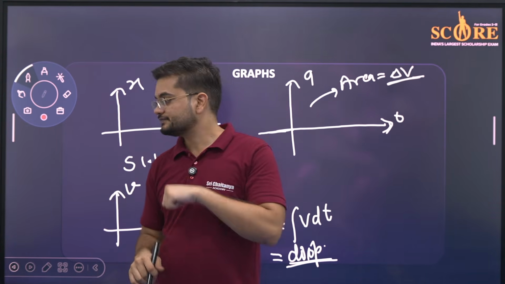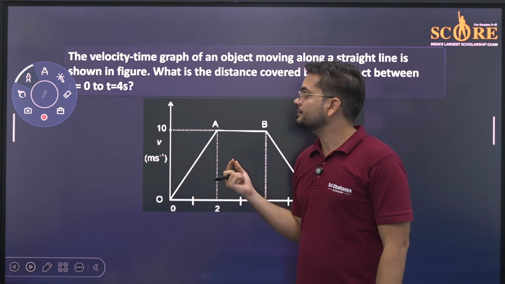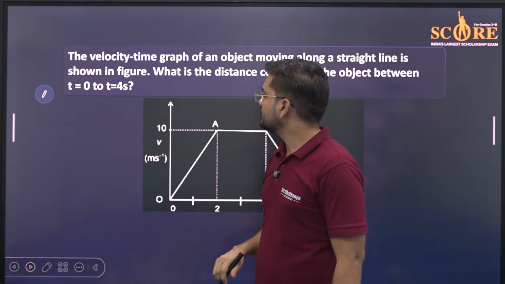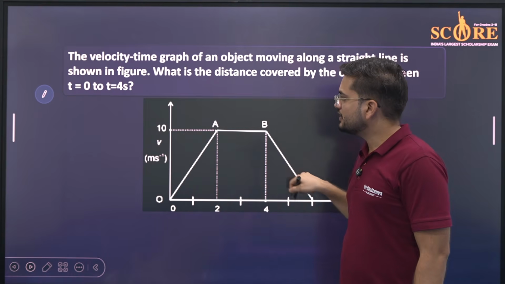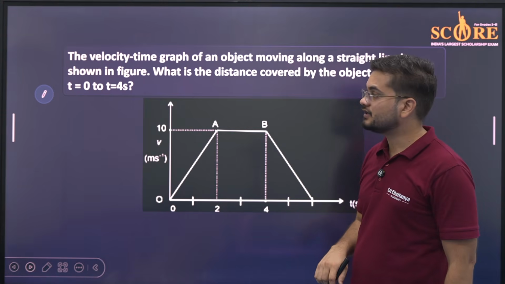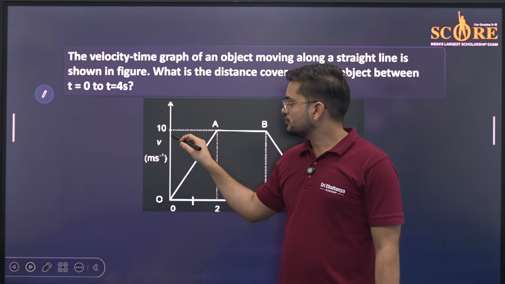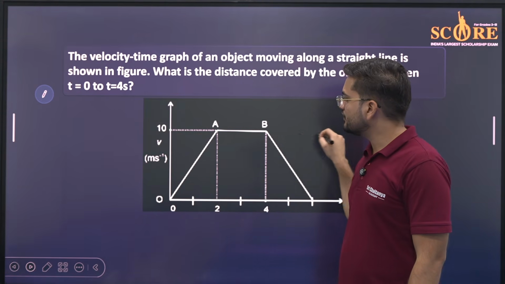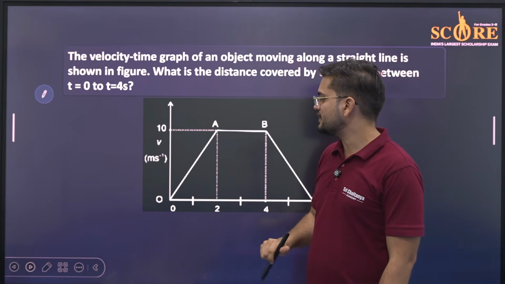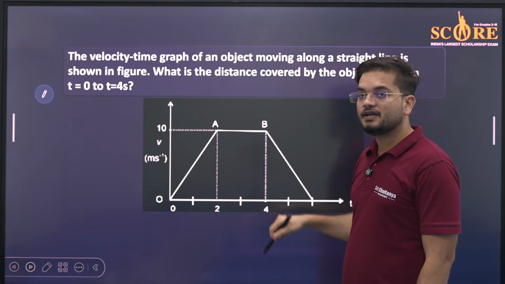You got the point? So the problem based on what we have discussed earlier is, we are given a velocity versus time graph, and we have to find the distance covered by the object in the first 4 seconds. If the particle is moving in the positive x direction, then the distance traveled will be equal to the displacement. So the displacement will be the area under the curve.